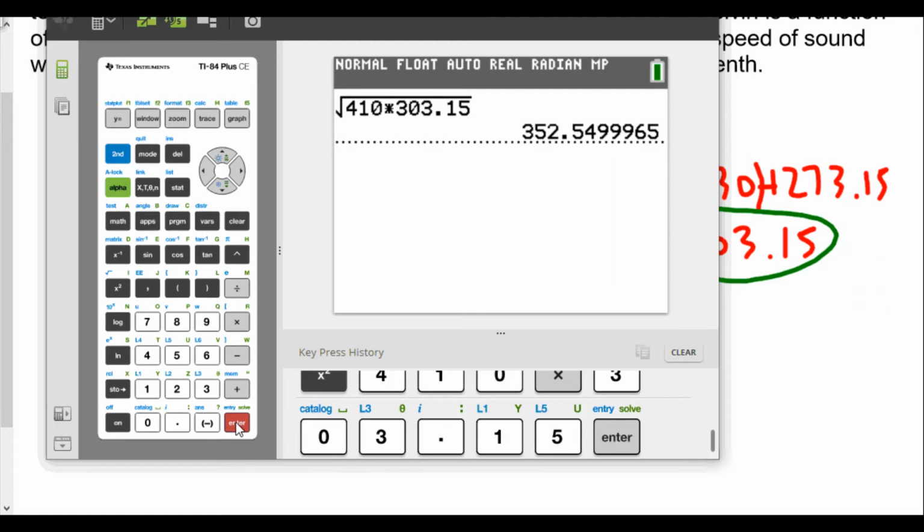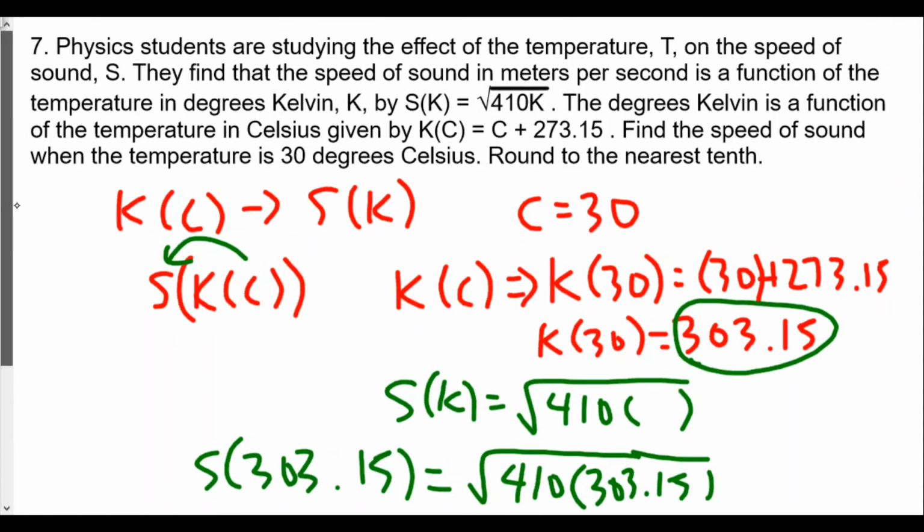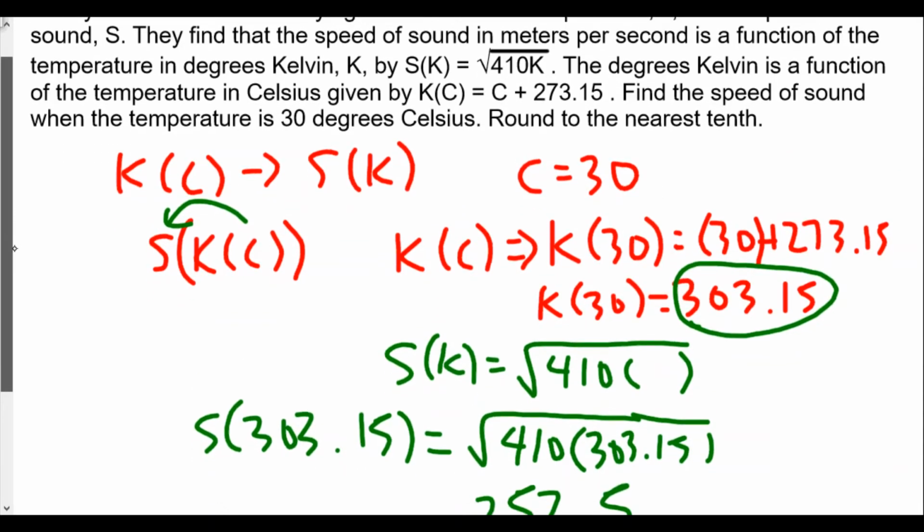Even though it says 49, we're not going to round and round again. The 4 is what we're focusing on, not the 9s afterwards. That means the number 0.5 does not change. So we get 352.5, and the units would be meters per second.